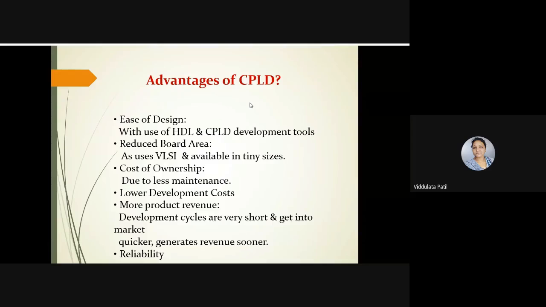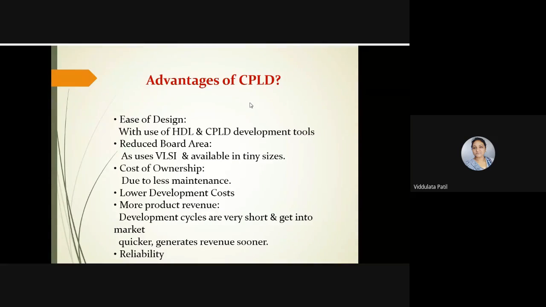Then reduced board area is another advantage of CPLD. In CPLDs, we are using VLSI technology, which means we are minimizing the component sizes in a single chip, and all the components fabricated in this chip are very small in size, and that is why the overall board area reduces in a CPLD.